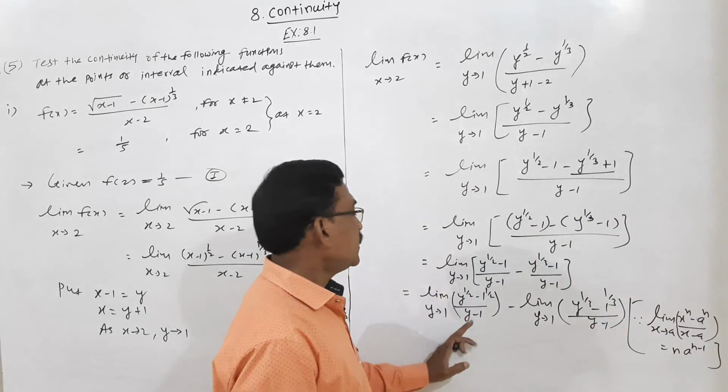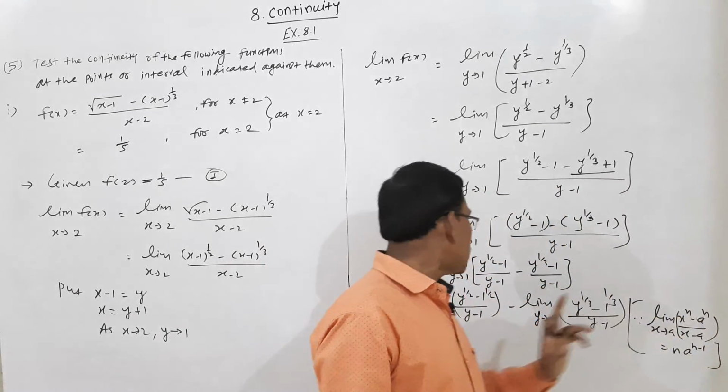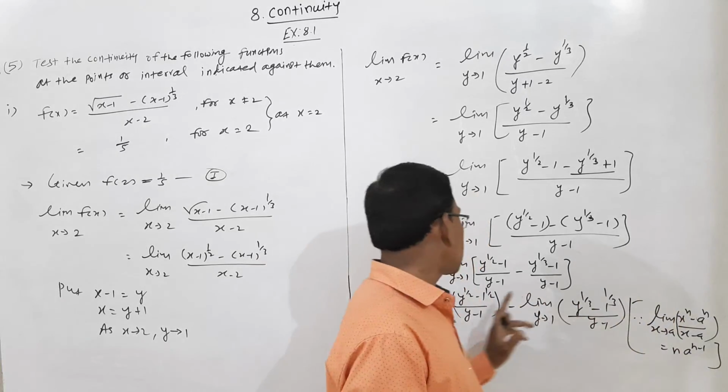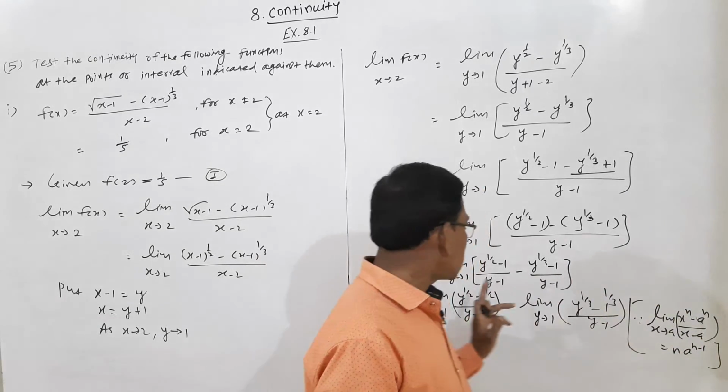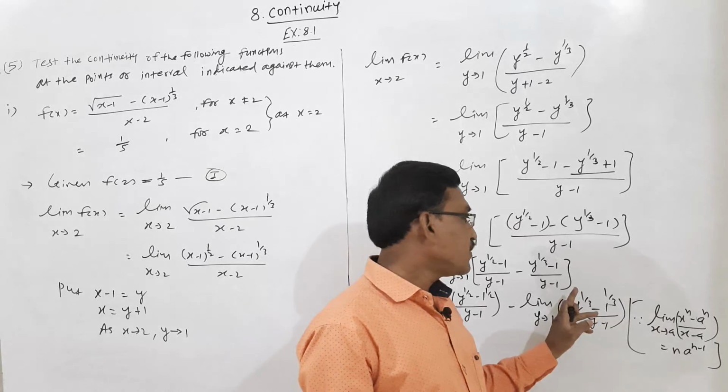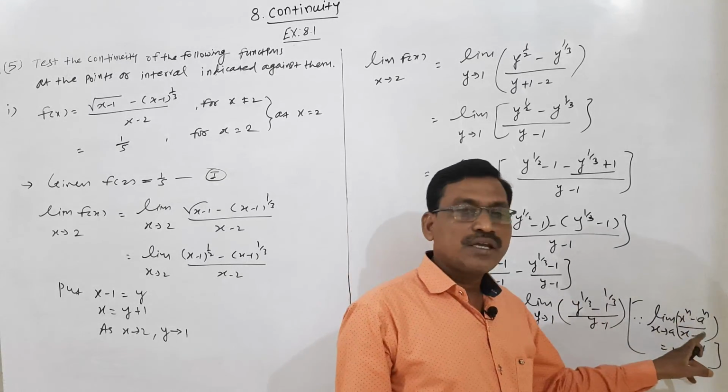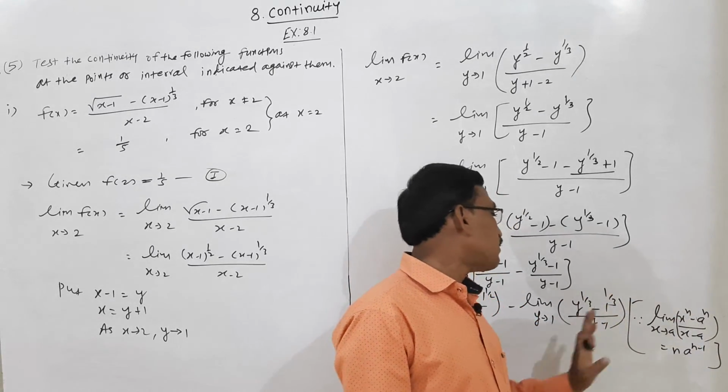Here a means 1, x means y, n means 1 by 2, and in the second, x means y, a means 1, n means 1 by 3.